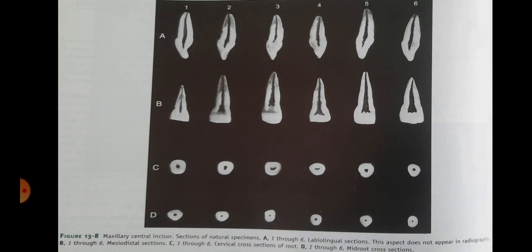Because of this generalized phenomenon, it has been suggested that the root canal filling should appear on radiographs to extend no closer than 1 mm from the radiographic apex of the tooth.